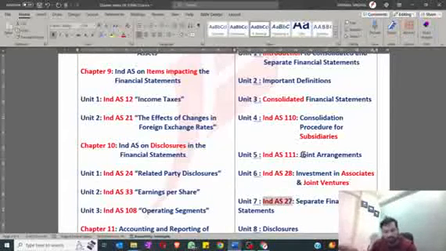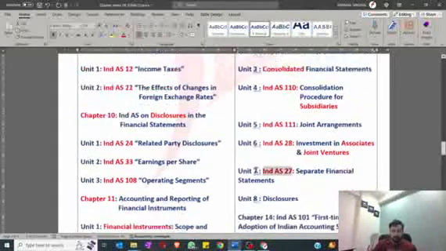Subsidiaries are also investments of the parent, and associates and joint ventures are also investments by a company. Although in that case it is not identified as the parent of that company, they are investments for that company which sit on the investment side of its balance sheet in separate financial statements. The associates part and the joint venture part, or investment in associate and joint venture part, is tackled in Ind-AS 28.